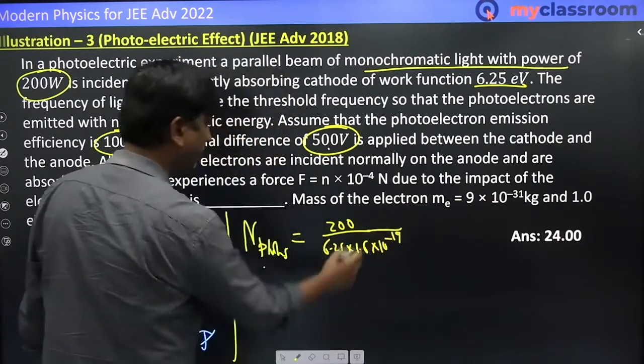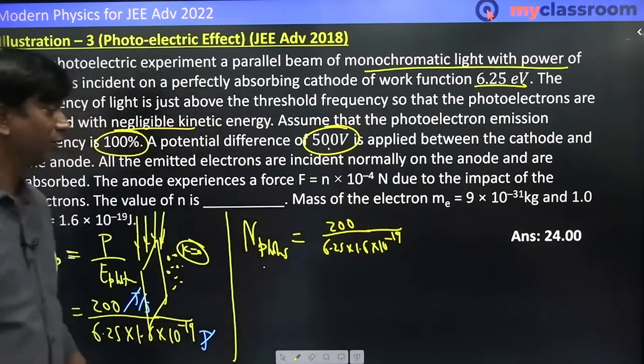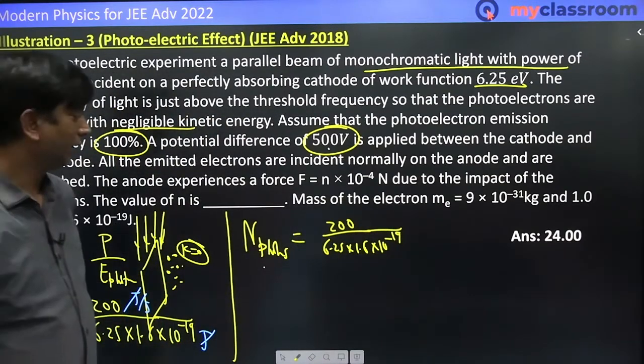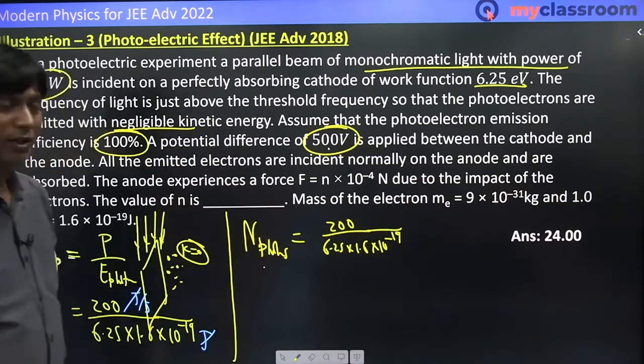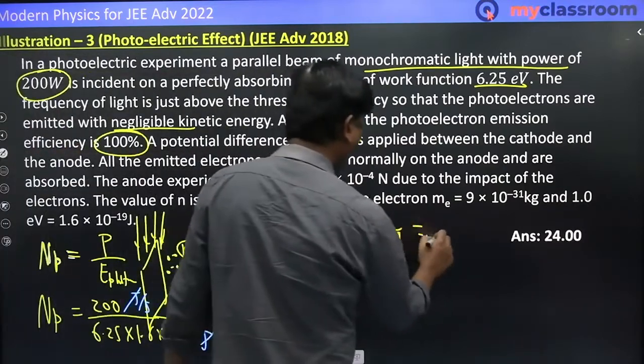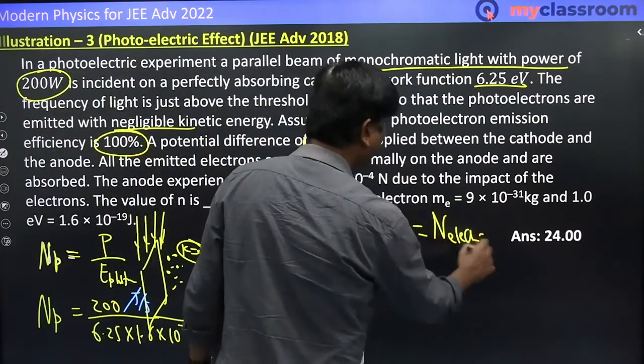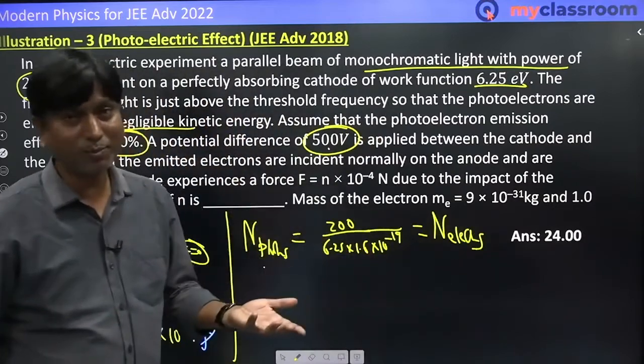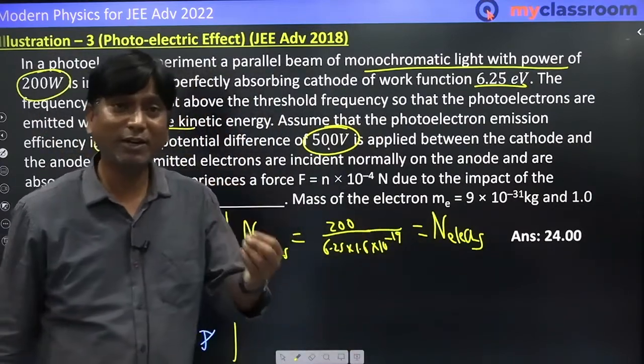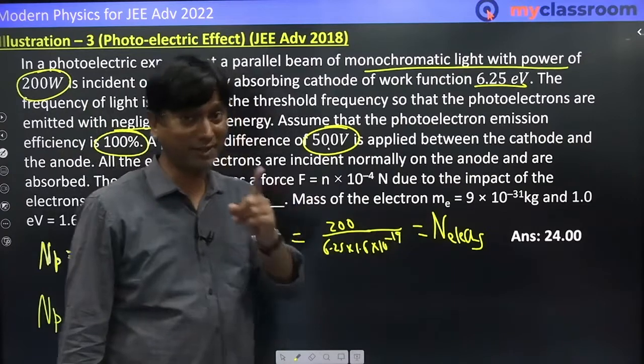Some very good number, because 10 power 19 is going up. A huge number, right? So these many photons are incident on this, and the same number of electrons are ejected out per second. The same number of electrons are hitting the anode per second.